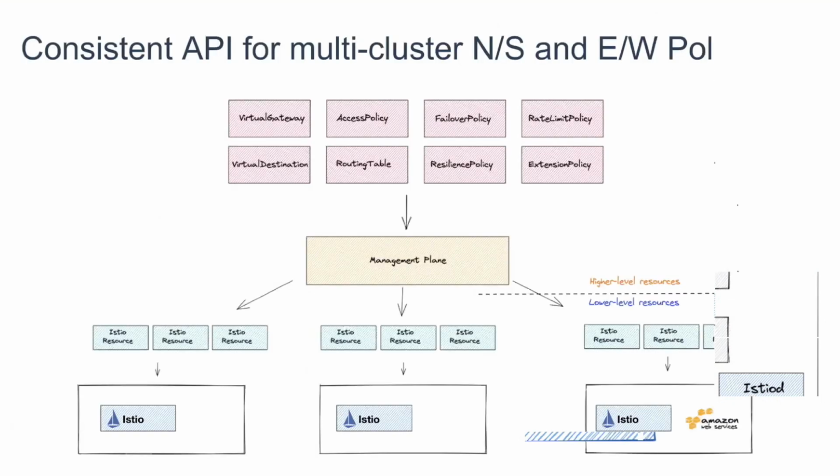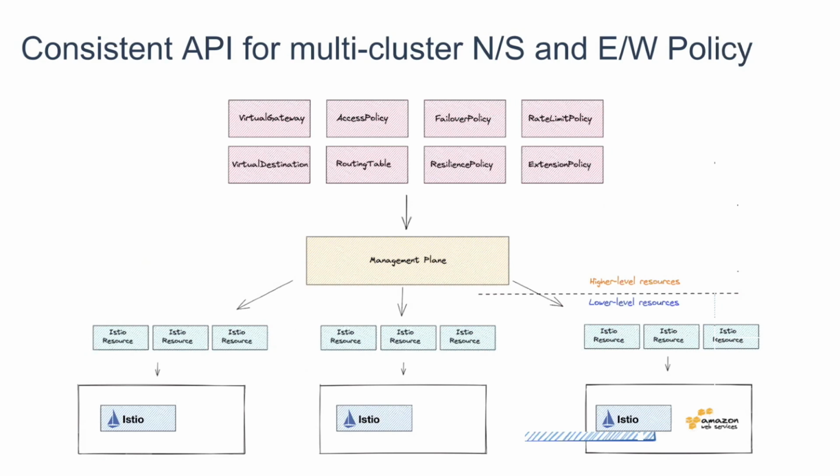And so that's part of the reason why we built that management plane: to manage multiple clusters, understand what is the intent of the security policy or the traffic routing policies or failover policies, et cetera, and expose an API that understands multiple clusters and understands the intent of the user and how they want to configure the mesh.